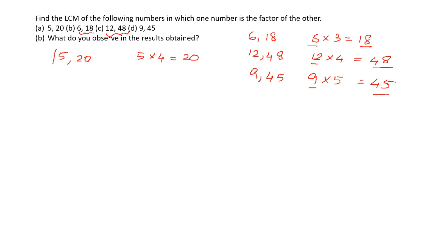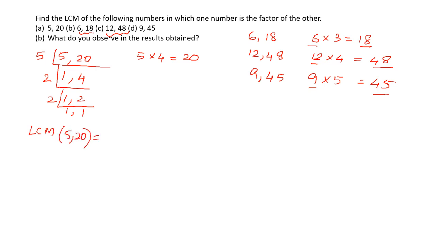If I take 5 and 20, 5 will go in both. 1 5 is 5, 4 5s are 20. Again, if I divide by 2, again if I divide by 2, till getting 1 comma 1. What I am getting, the LCM of 5 comma 20 is equal to 5 into 2 into 2.